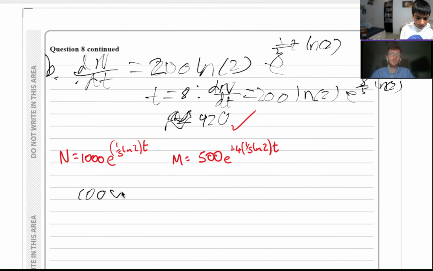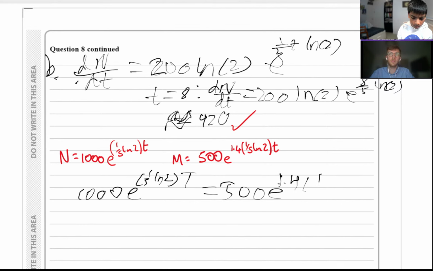So 1000 e to the power of 1/5 ln2 times t equals, and it's a capital T, 500 e to the power of 1.4 times 1/5 ln2 times t.